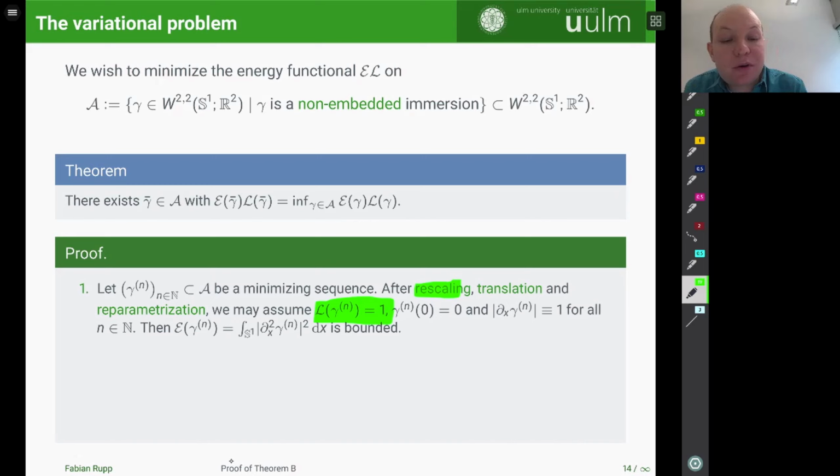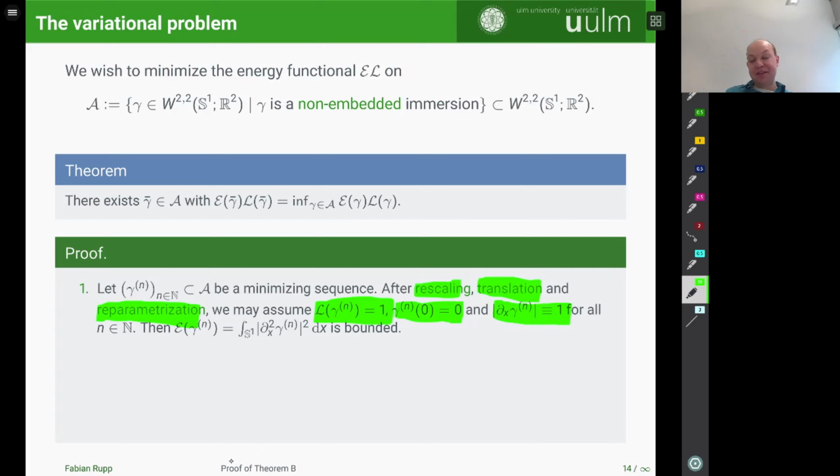We can furthermore translate these curves such that they all hit a fixed point, the origin in this case, and we can furthermore reparameterize them in such a way that they are all arc length parameterized.